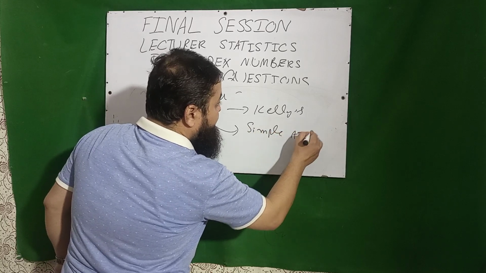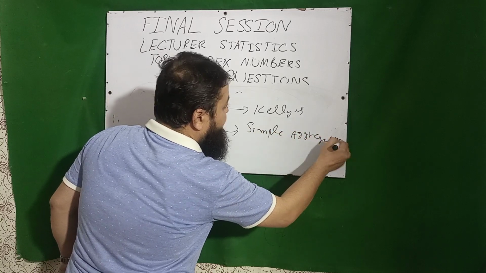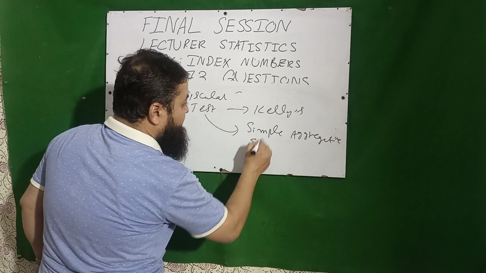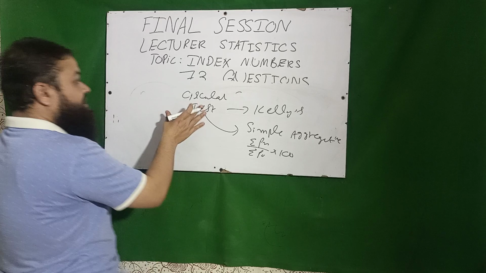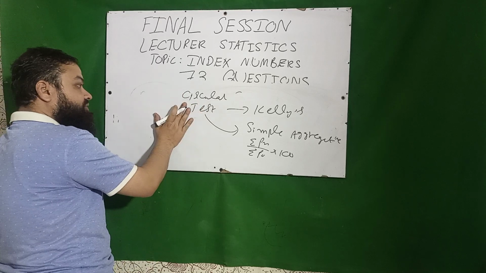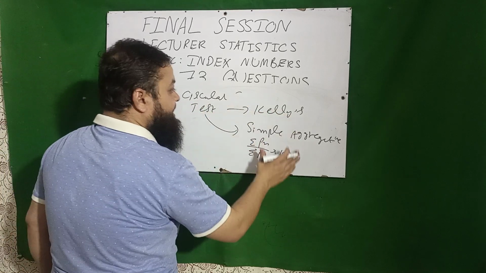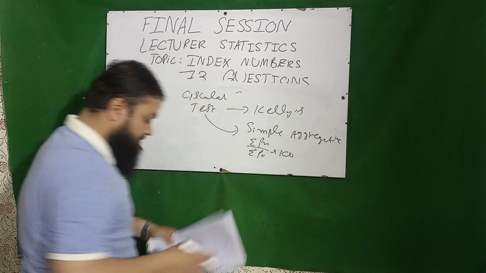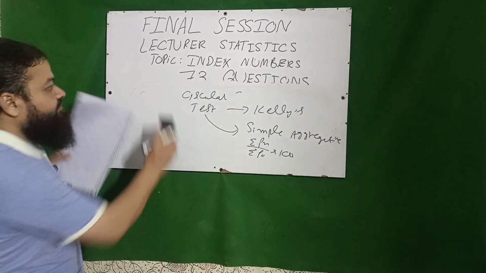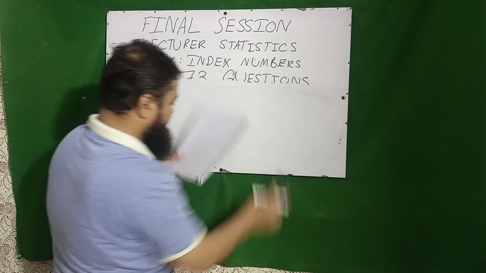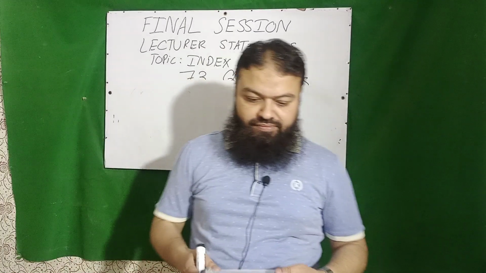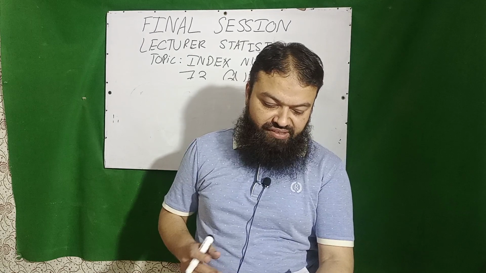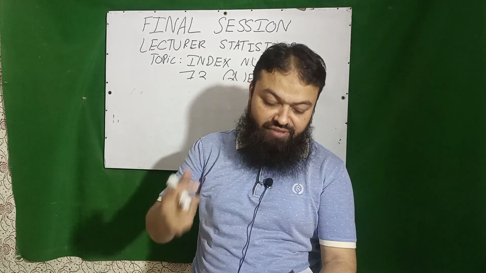So you can just check by solving the question. Simple aggregative method, summation Pn over summation P naught multiplied by 100. Circular test is satisfied by, which is the extension of time reversal, by Laspeyres as well as simple aggregative method, a very important one. Next is, in circular test we shift the weights.